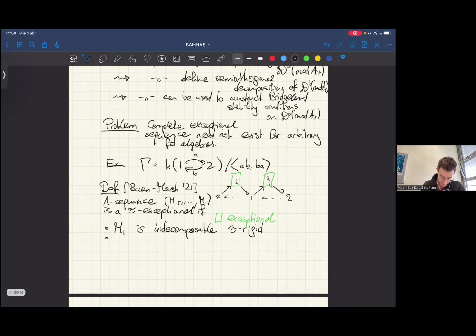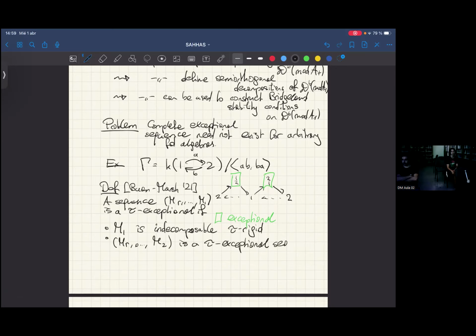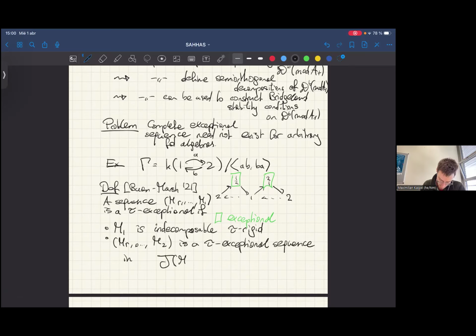And now recursively, M_R to M_2 is a tau exceptional sequence in the following subcategory, which I call J of M_1.